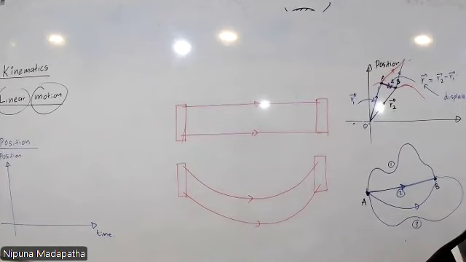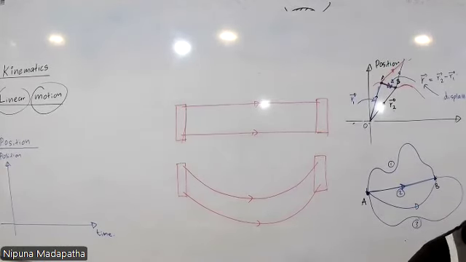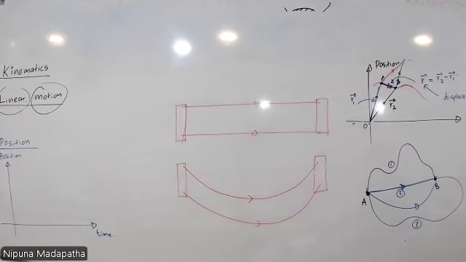Translational motion is also classified into two types. One is linear motion, the second one is curvilinear motion. Right?